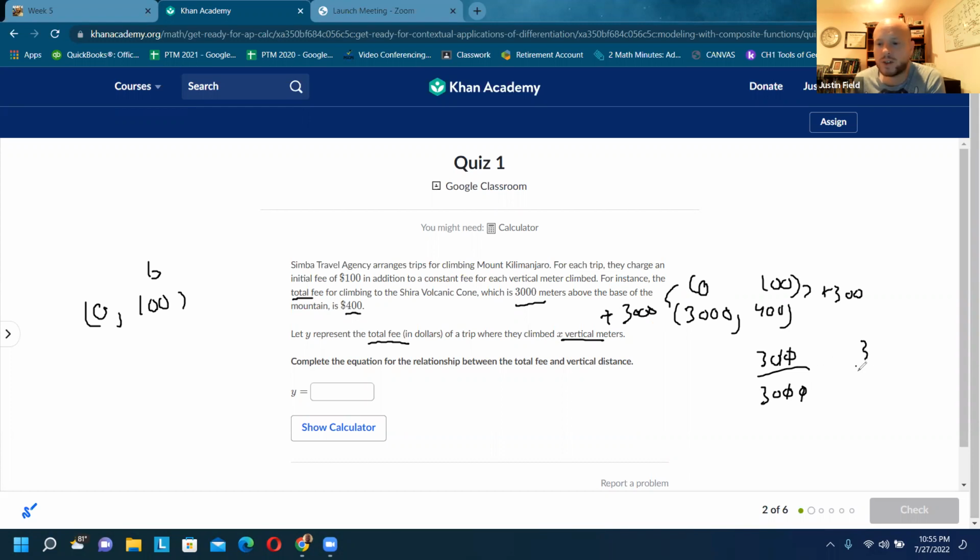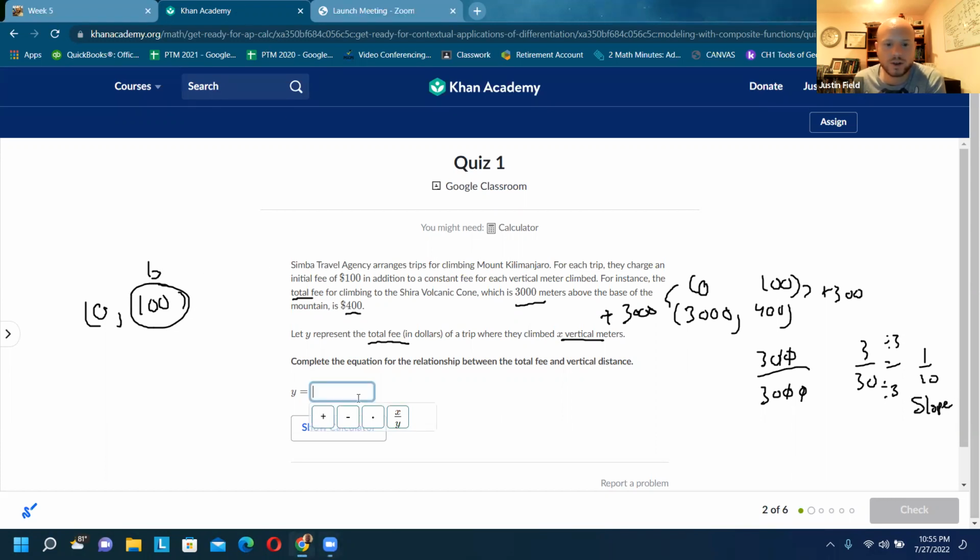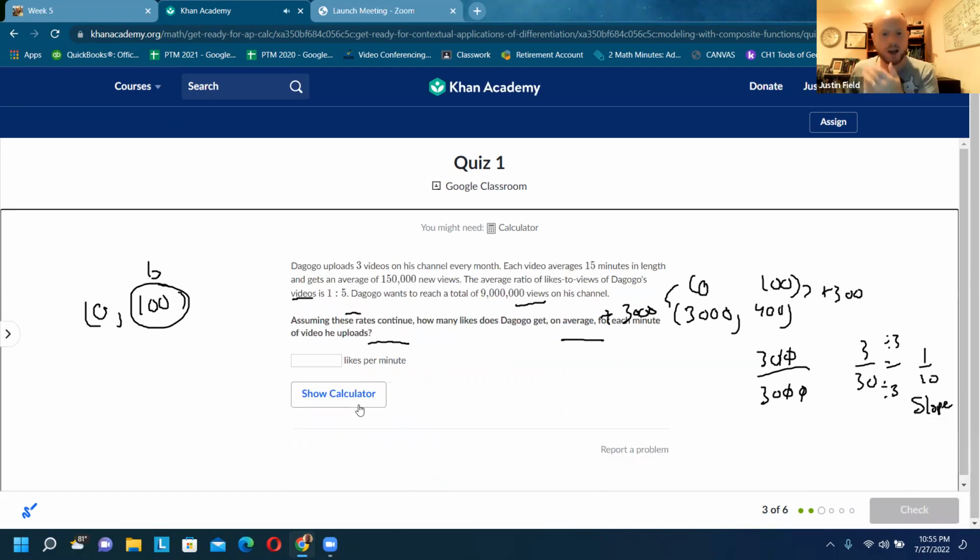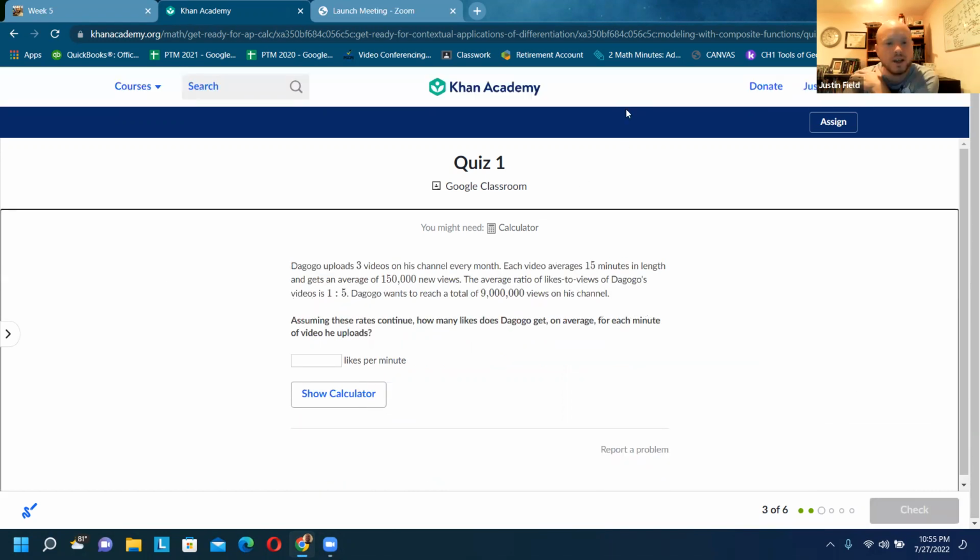So it's 3 over 30, which is 1/10. So my slope is 1/10. And of course, I know my y-intercept is 100. So we're going to write 0.1x plus 100, where 0.1 is 1/10. And we got it. Look at that. Little slope intercept for you.